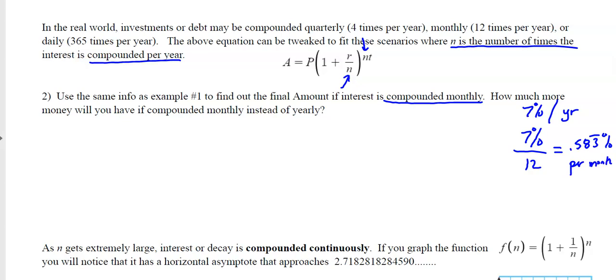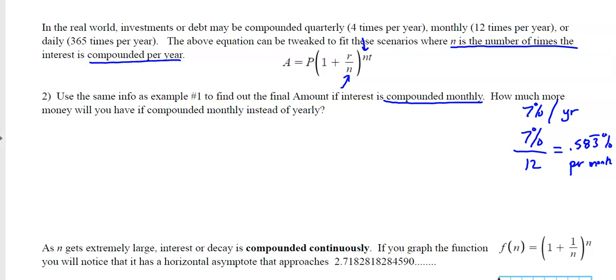So it's still 7% a year, but it's 0.583% every month, and every month it's growing to be a bigger number. So I keep taking 0.58% of a bigger and bigger number, which is better for me if I'm investing and worse if I owe somebody. That gives you your new monthly percentage rate.